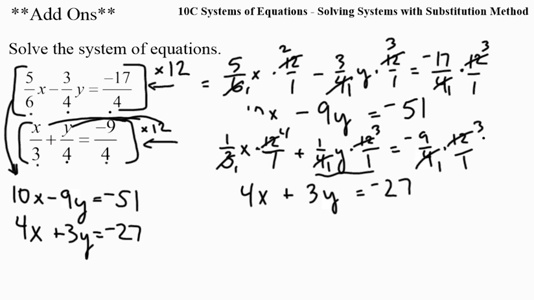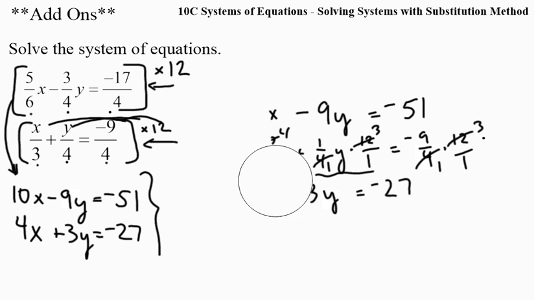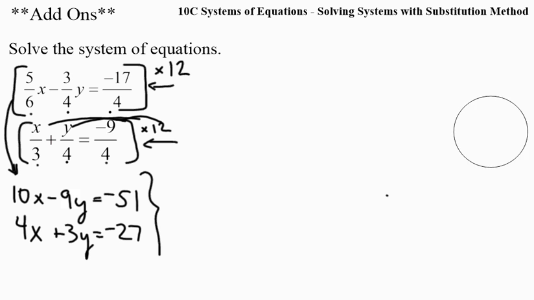And now I have a system of equations that would be nice to work with. So I'll just eliminate this work because I don't need it anymore. I've done that. And now I have a new system that's equivalent to the original system, but it's now easier to work with in this process.